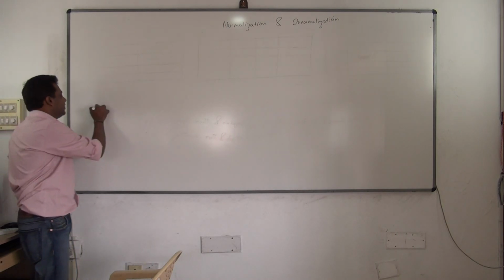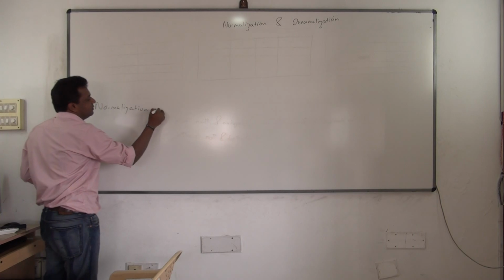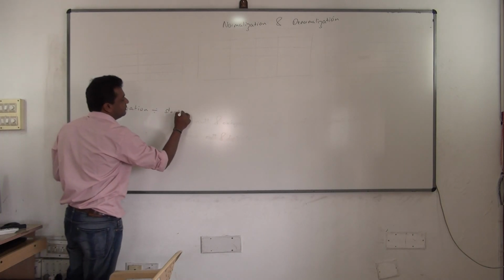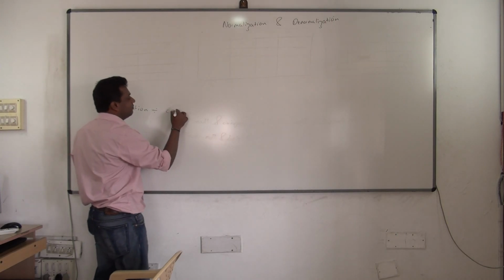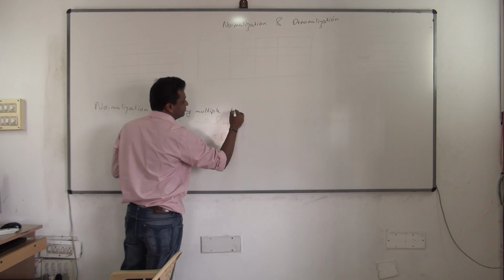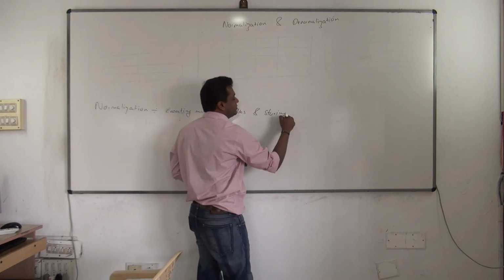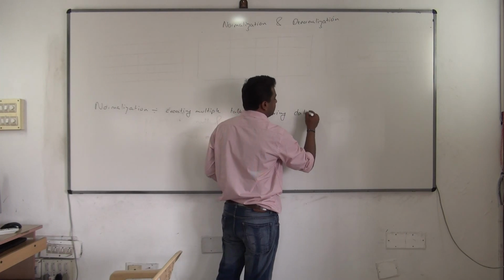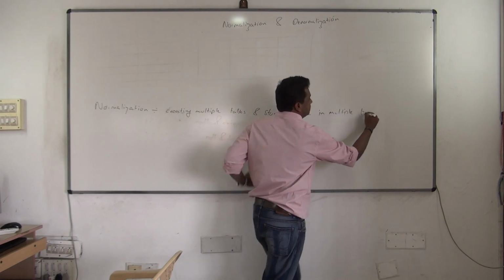Normalization means creating multiple tables and storing data in multiple tables, which you have already done.